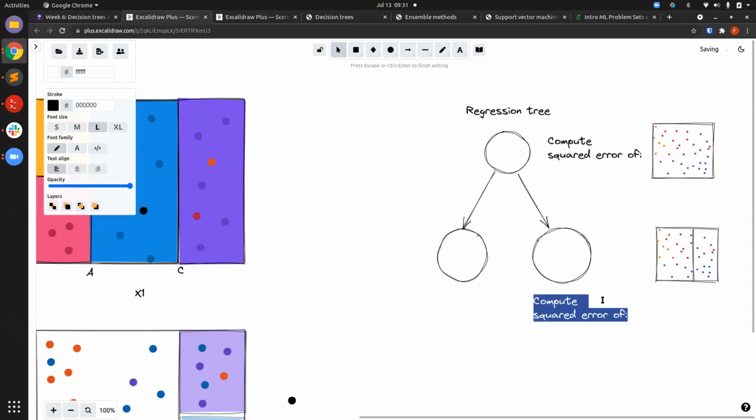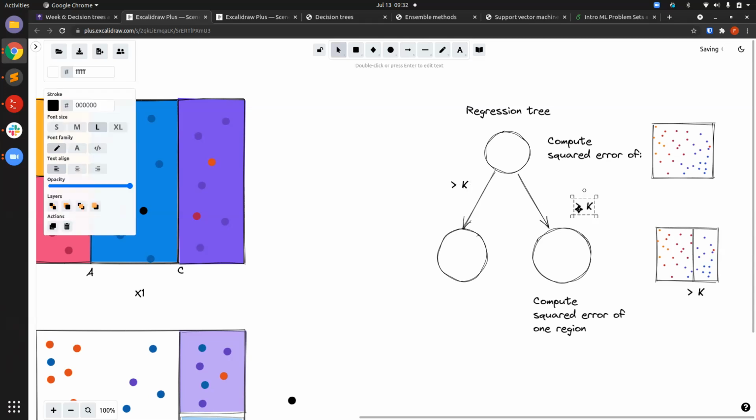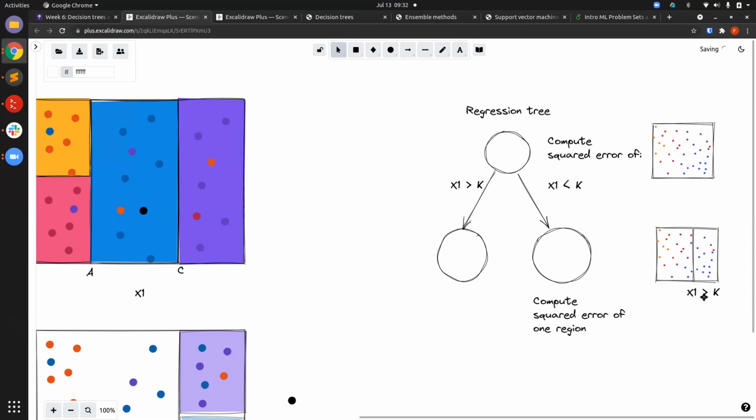Here I'm going to compute the squared error of one region. Let's say I'm splitting on whether the value is greater than k, let's say feature x1. So I'm evaluating whether I should split on x1 greater than k.